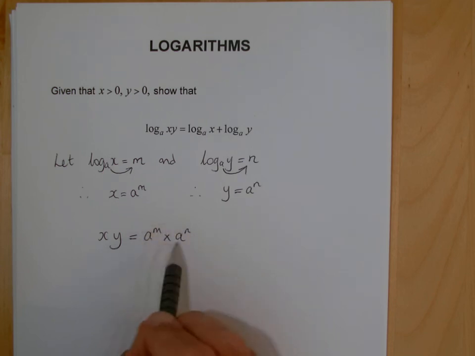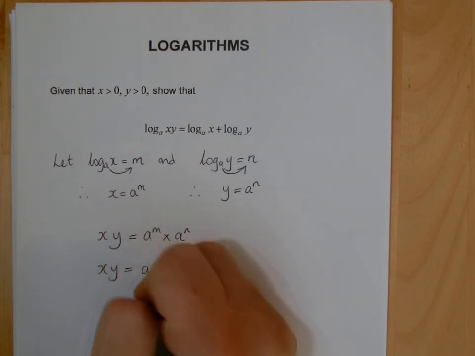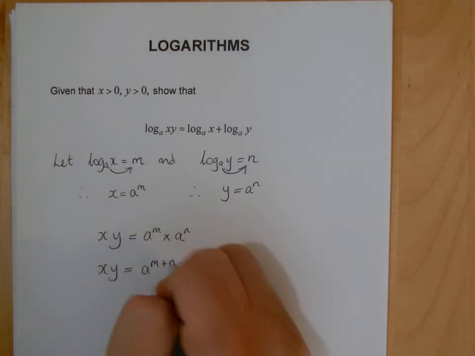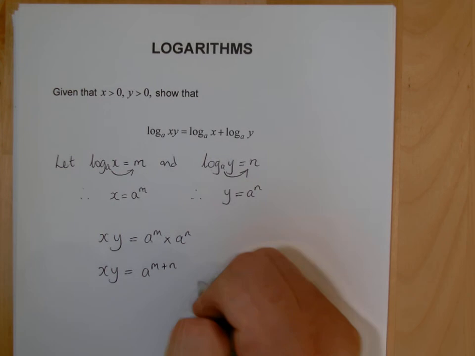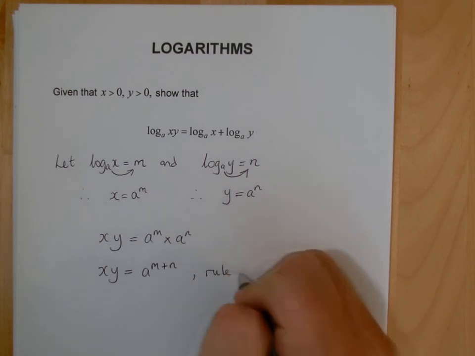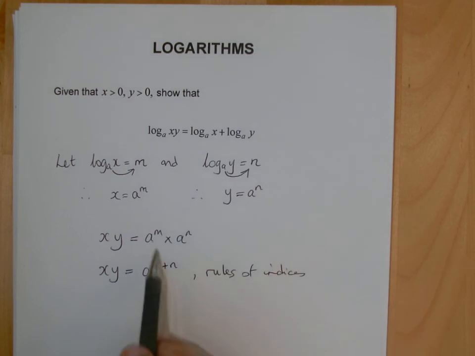When you've got the same base and you're multiplying these two terms together, you add the powers. So I can rewrite that as a to the power m plus n. You are adding the powers simply because of indices. That's what we always do: when we multiply terms, we add the powers.